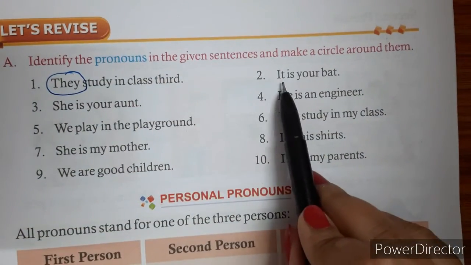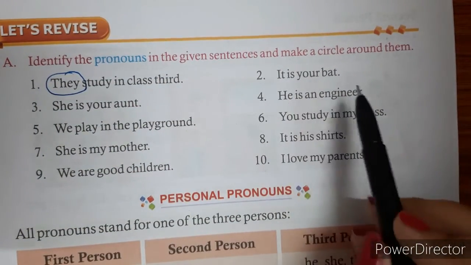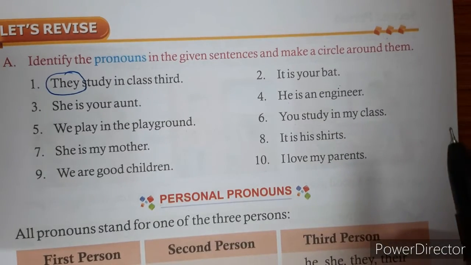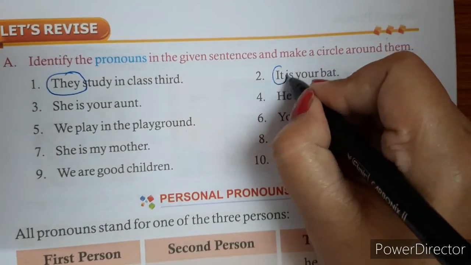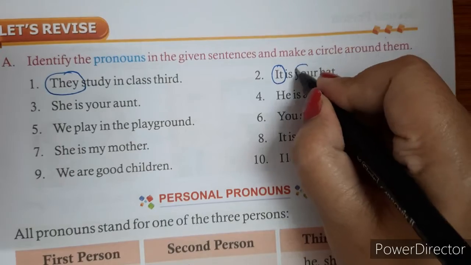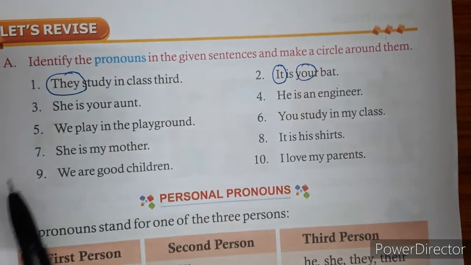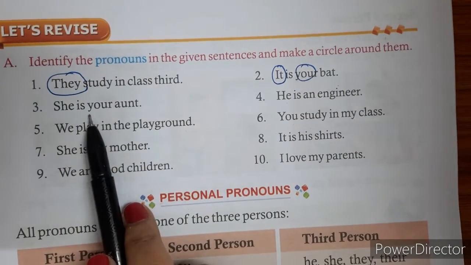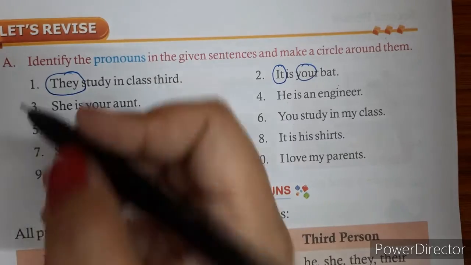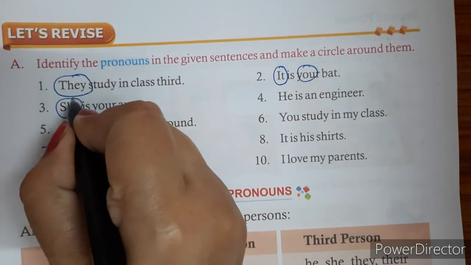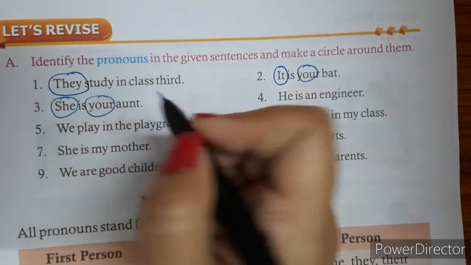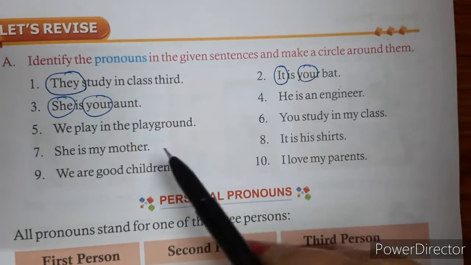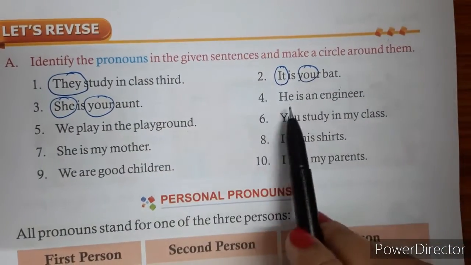Sentence number 2. It is your bat. What are the pronouns here? It and your. Third, she is your aunt. She and your are the pronouns. They are the pronouns of the third person.